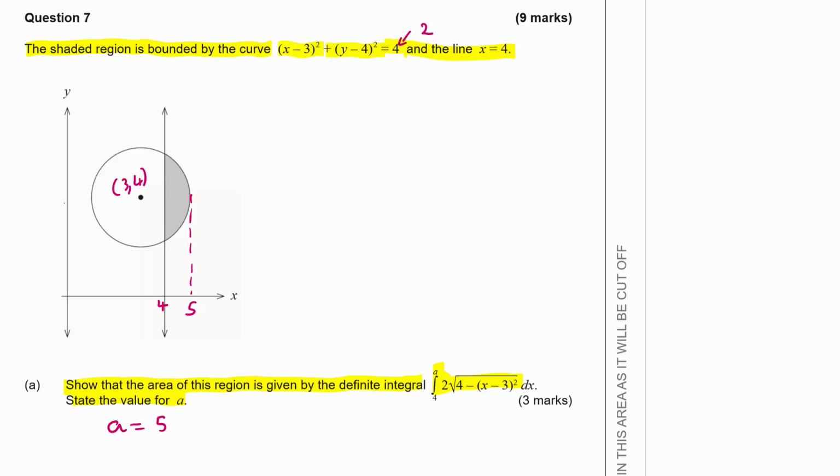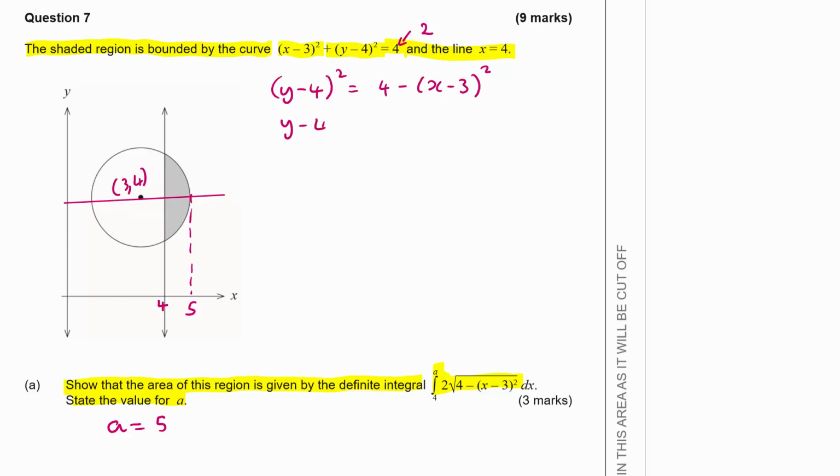Now, if I draw a line through here horizontally, we have (y − 4)² = 4 − (x − 3)².